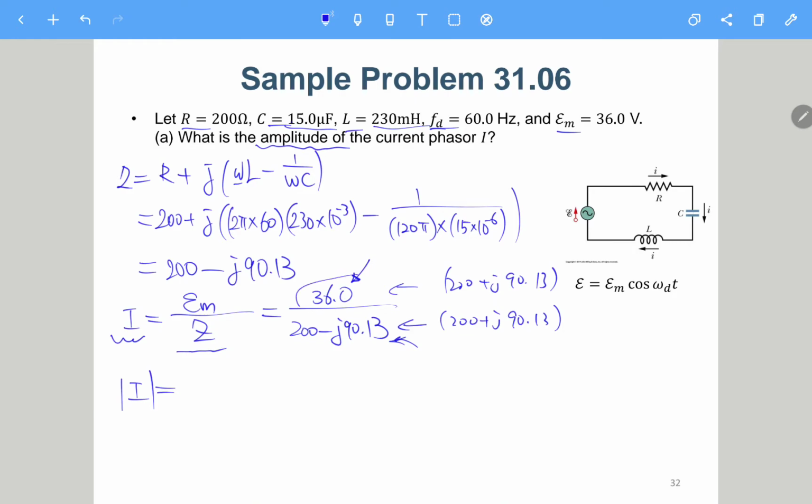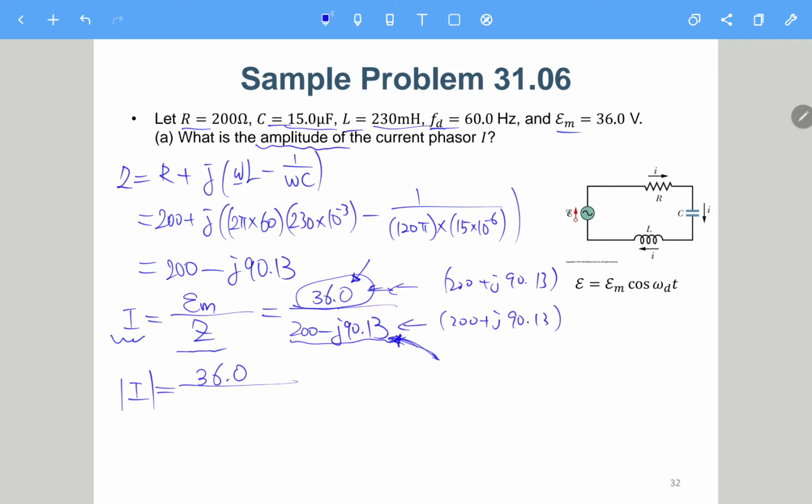Which means that the absolute value of the numerator is 36. This is the numerator, and this is the denominator.